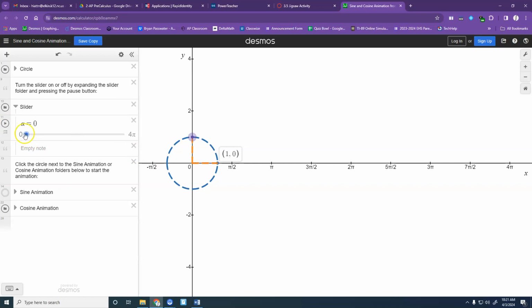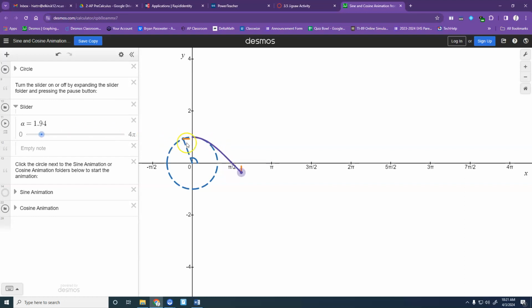As I slide this here, at first it's kind of hard to tell what's happening, but as our blue point, our unit circle point, goes along this way, purple almost looks like it's tracing the circle, but as we go a little further, we'll see it's not tracing the circle exactly. Here, notice we got this little orange line because this is our x-coordinate.